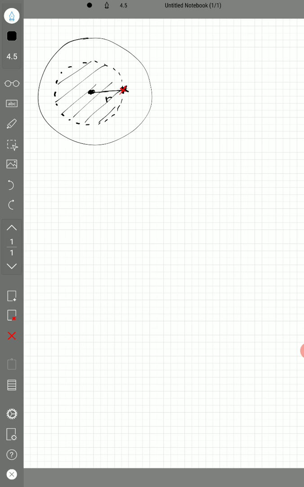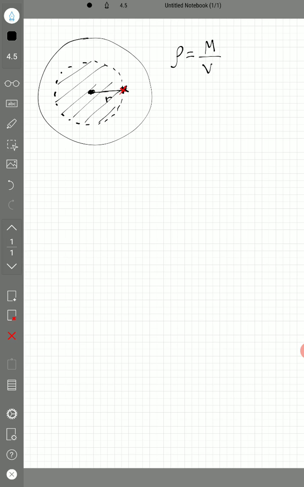Now, the question is, how much mass is there inside that sphere? Well, the density of this whole core of the galaxy, we're going to say that that density is constant, is equal to the mass of the whole galaxy over the volume of the whole galaxy.